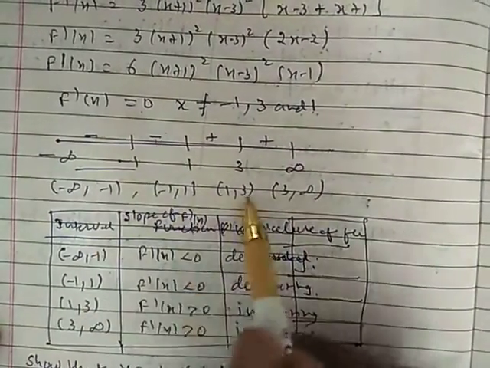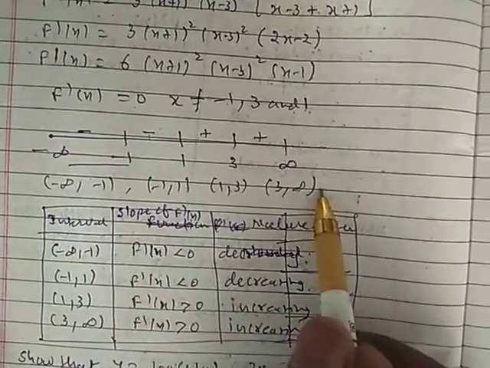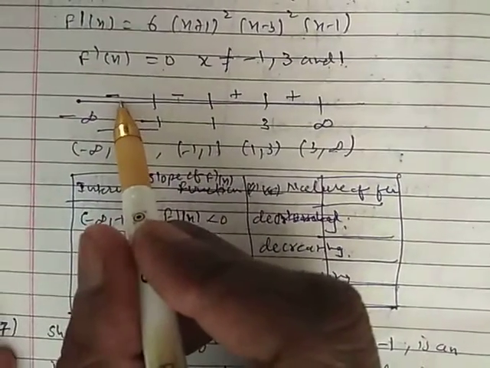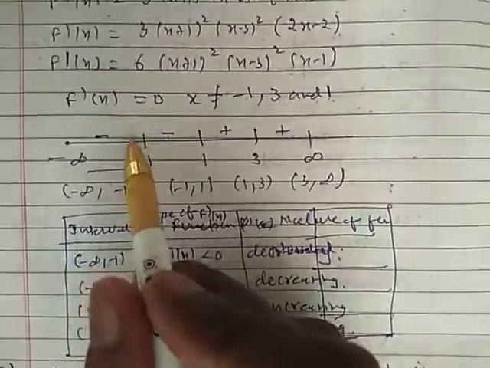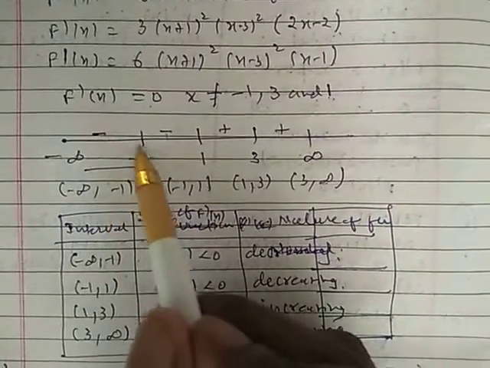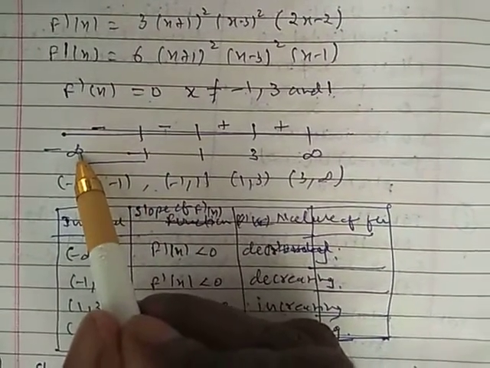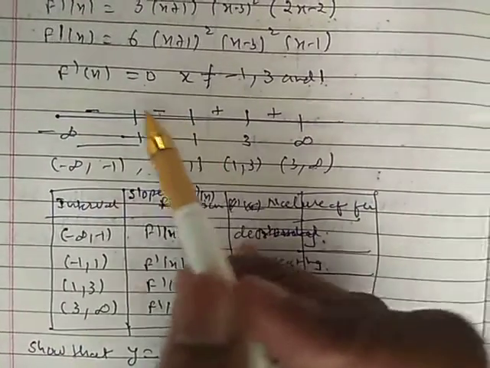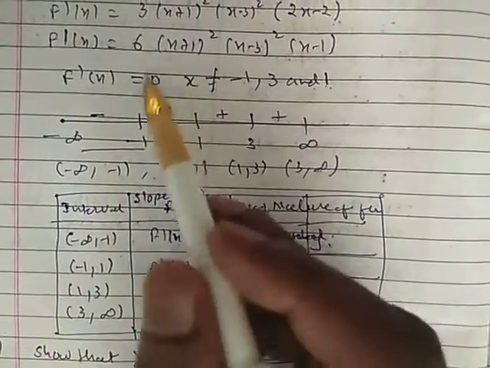So these are the 4 intervals we got: 1, 2, 3, 4. Any value you take, substitute and get the value here. Suppose minus 1 and infinity, this function is decreasing. Substitute the value and see.